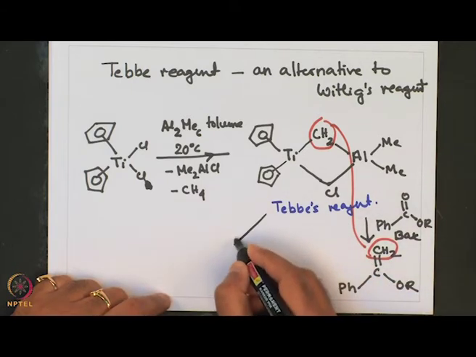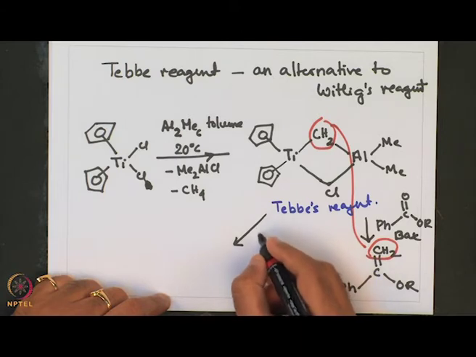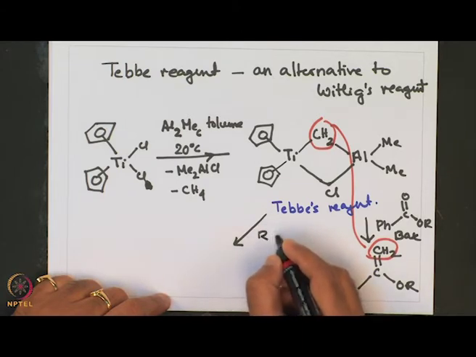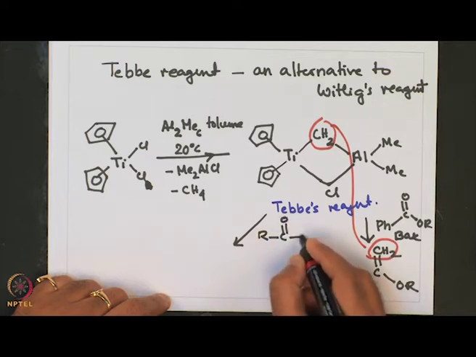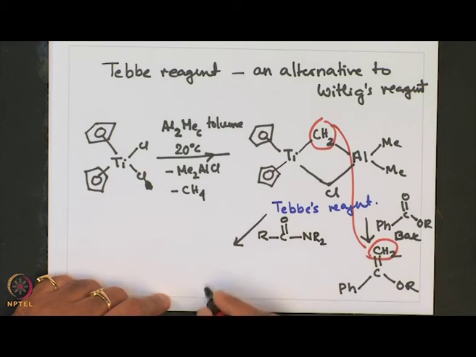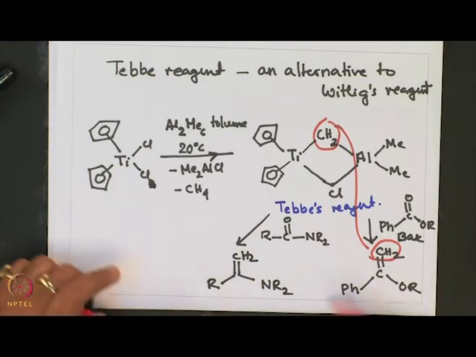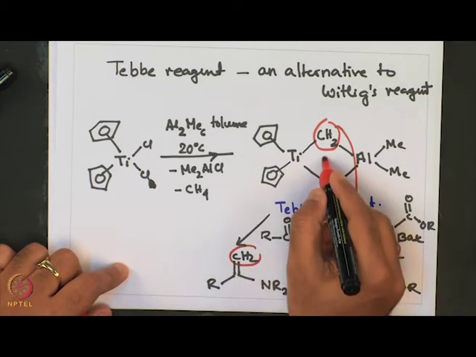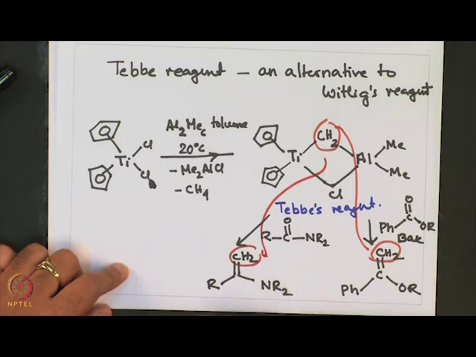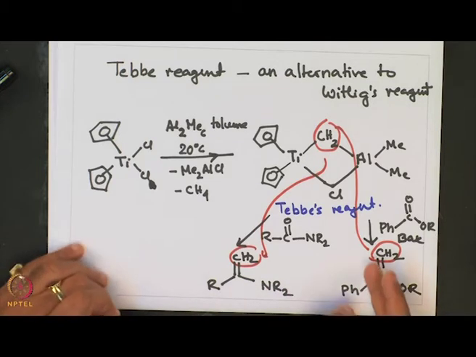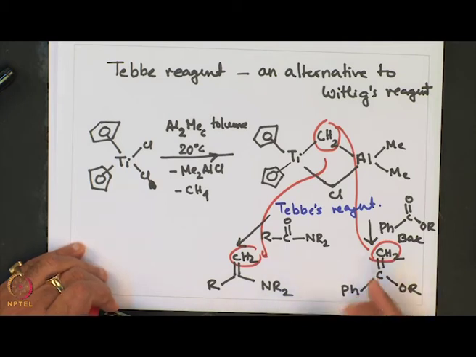For example, its reaction with amides produces enamines, similar to that of the ester, where this CH2 comes and does so. So, these two are very specific and interesting applications of Tebbe's reagents, whereby an olefin can be made out of amides as well as esters.